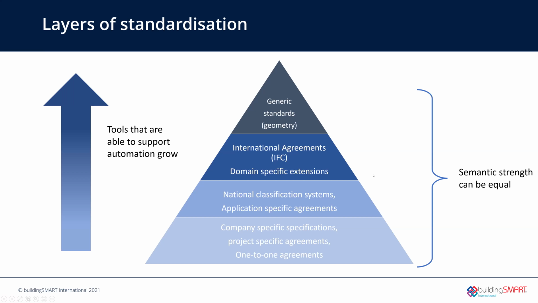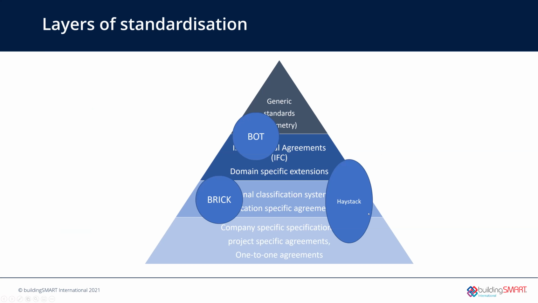So just plotting in other initiatives like BRICK or HVAC. Please excuse me if you don't agree with this positioning here. It could be higher, could be lower. I don't really care. It's just about trying to position them a little bit compared to each other.